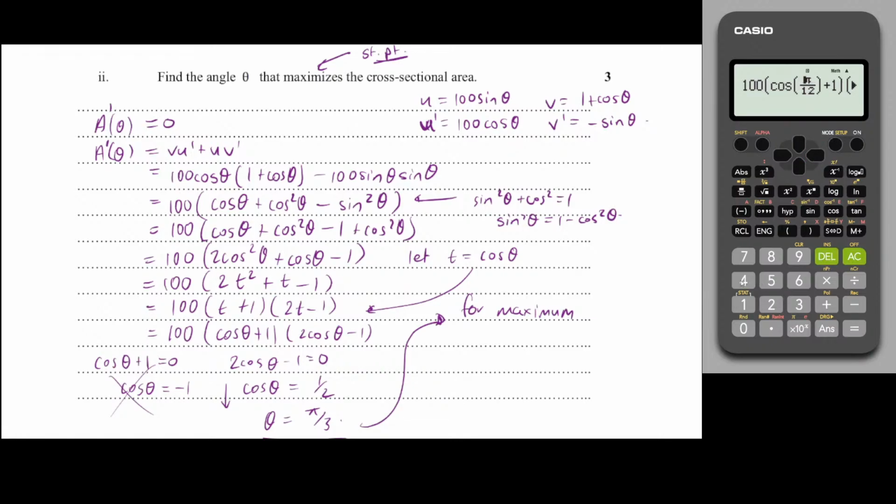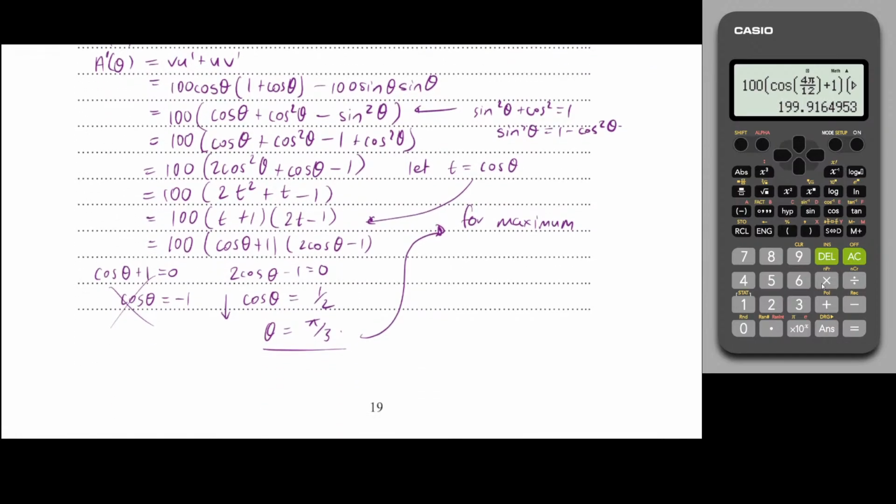Okay, let me just test to make sure 4 pi on 12 is equal to 0, because if it's not, then me dumb. Oh wait, no, I want a maximum, don't I?